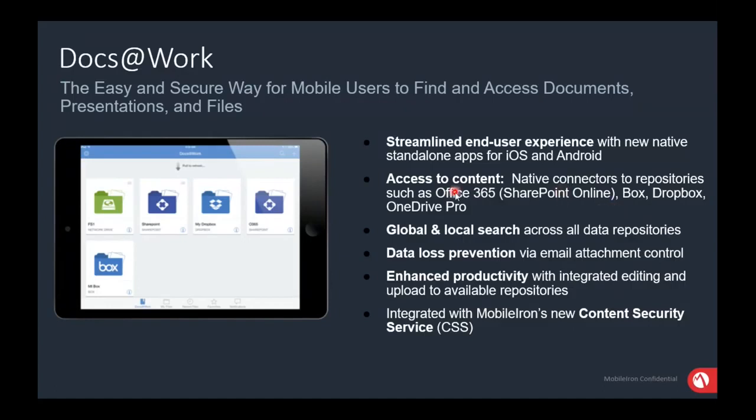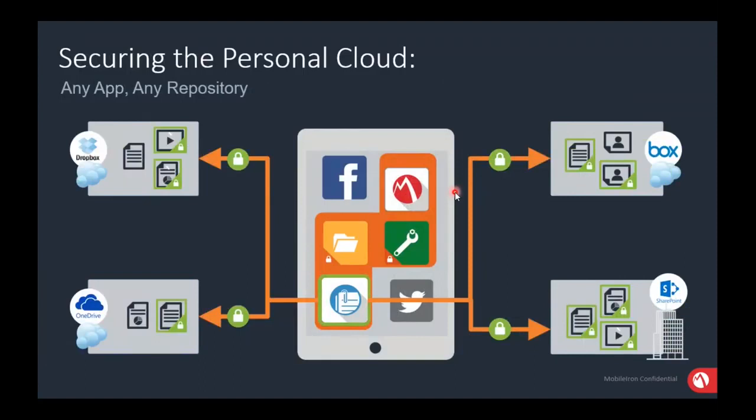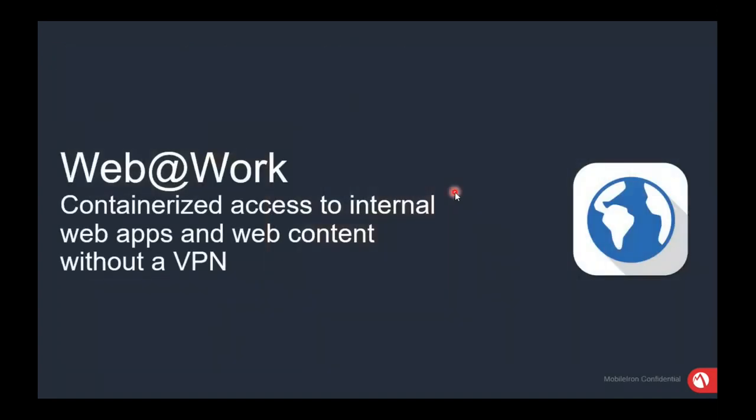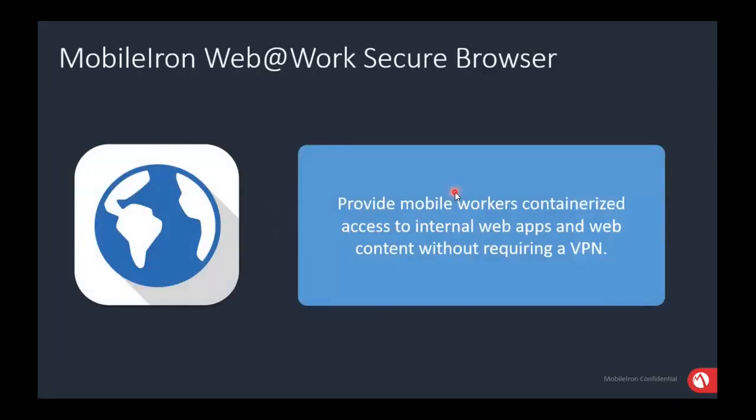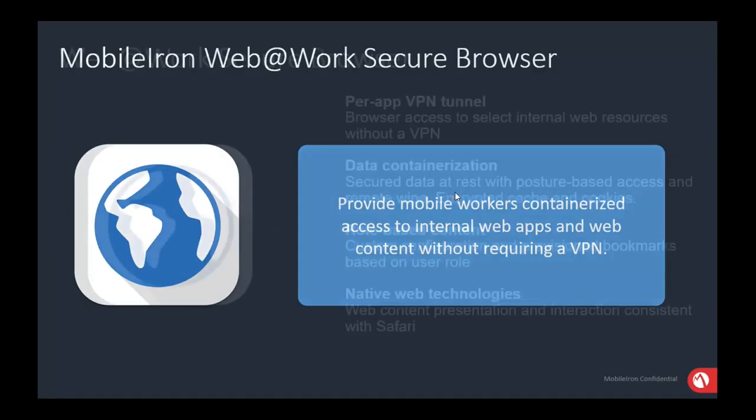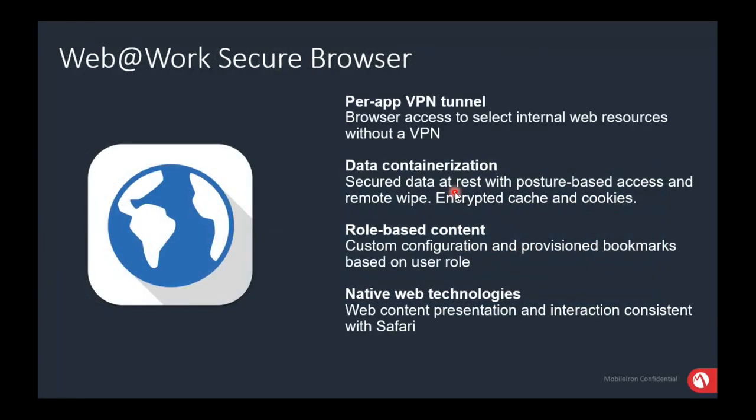The other purpose is to connect to the backend resources. It might be a local SharePoint file share server, or it might be a cloud file share like SharePoint, Box, Dropbox, or OneDrive. Web at Work is again a secure browser from MobileIron, and since it's AppConnect enabled, we get all DLP features and AppConnect features.